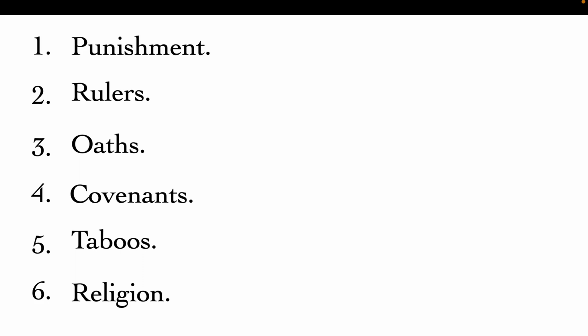Number 3, what we practice in a traditional African society to promote order is administration of oaths. And these oaths are administered by specialists as a way of maintaining law and order. Why do we have oaths?